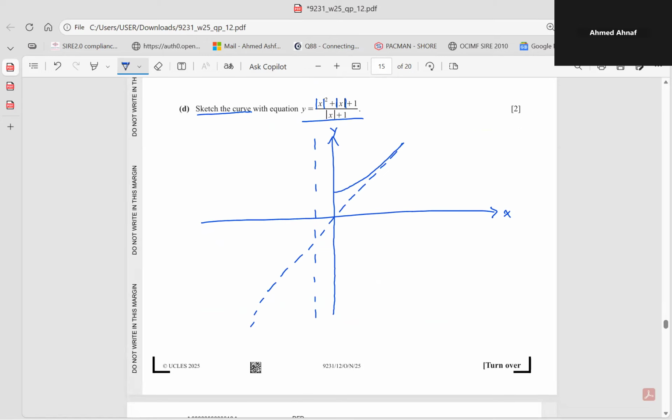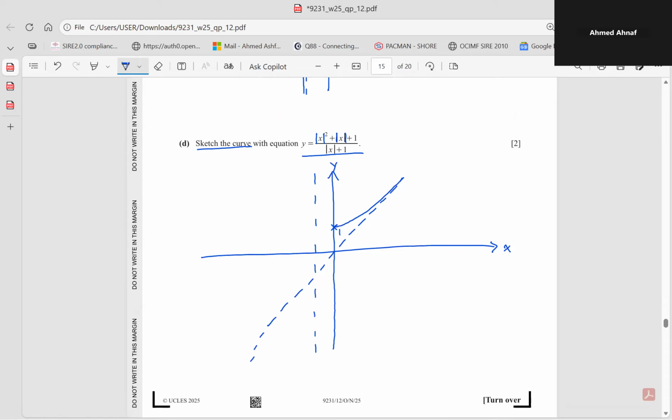So this is one. And now we're going to reflect everything on this side over to the other side. So it's going to look exactly the same. Yeah, that looks just about right. So this is our curve.